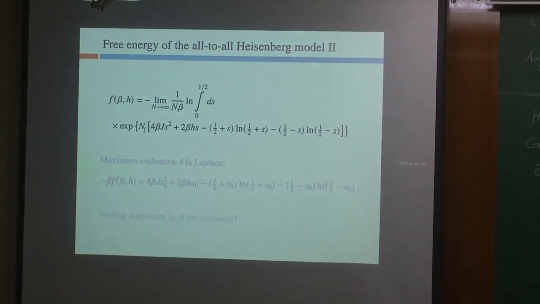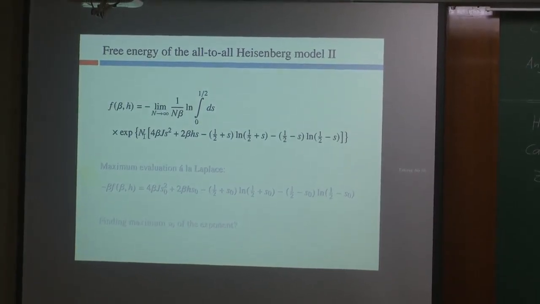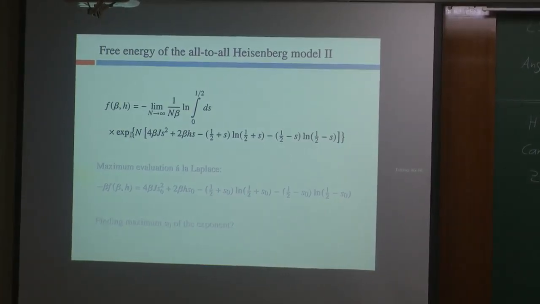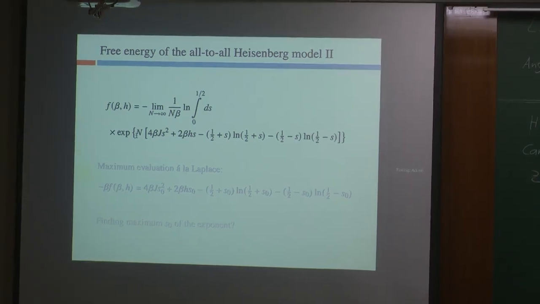The idea, or the upshot, is always that when you have an integral of that sort, the exponential with an n prefactor will lead to a function that is very much dominated by the maximum, and in the infinite n limit, it is really only the value at the maximum that will contribute to the integral.